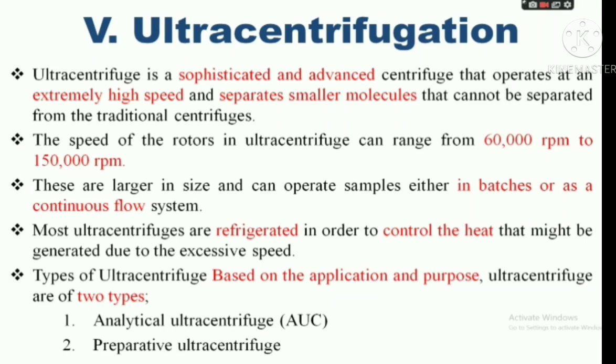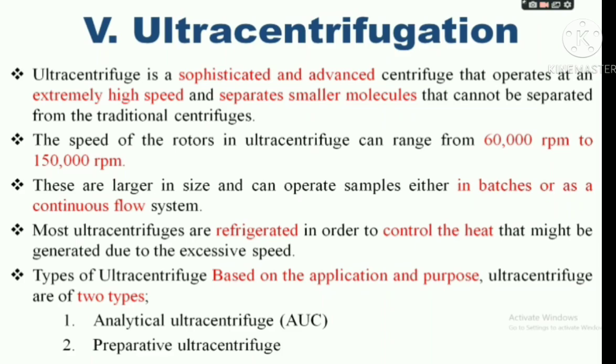These are larger in size and can process samples either in batches or as a continuous flow system. In high speed centrifugation, the samples are continuously flowed, but in ultracentrifugation, we can separate the samples in different batches or in a continuous flow system.